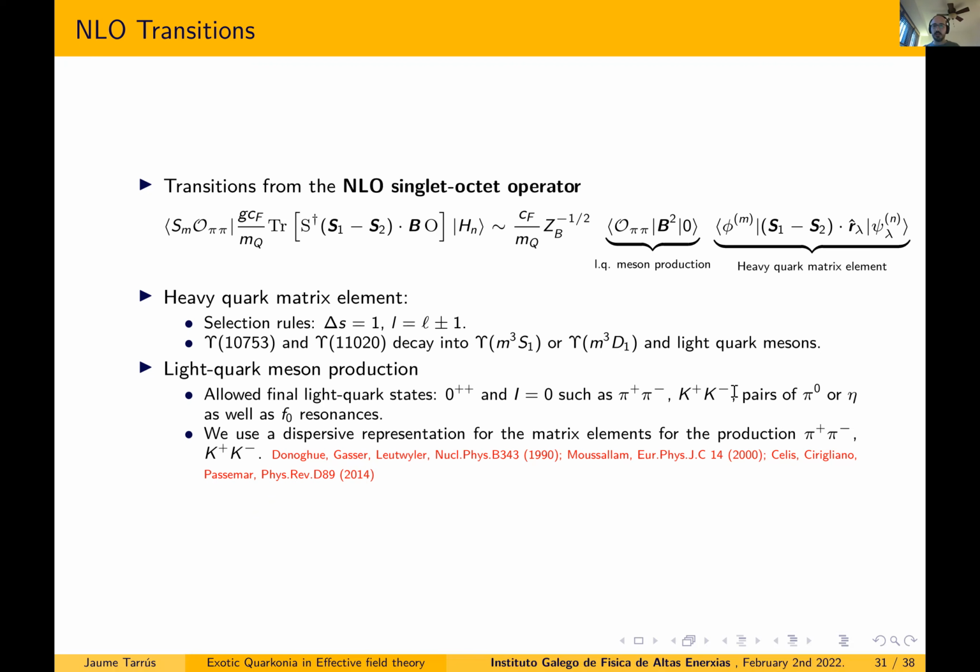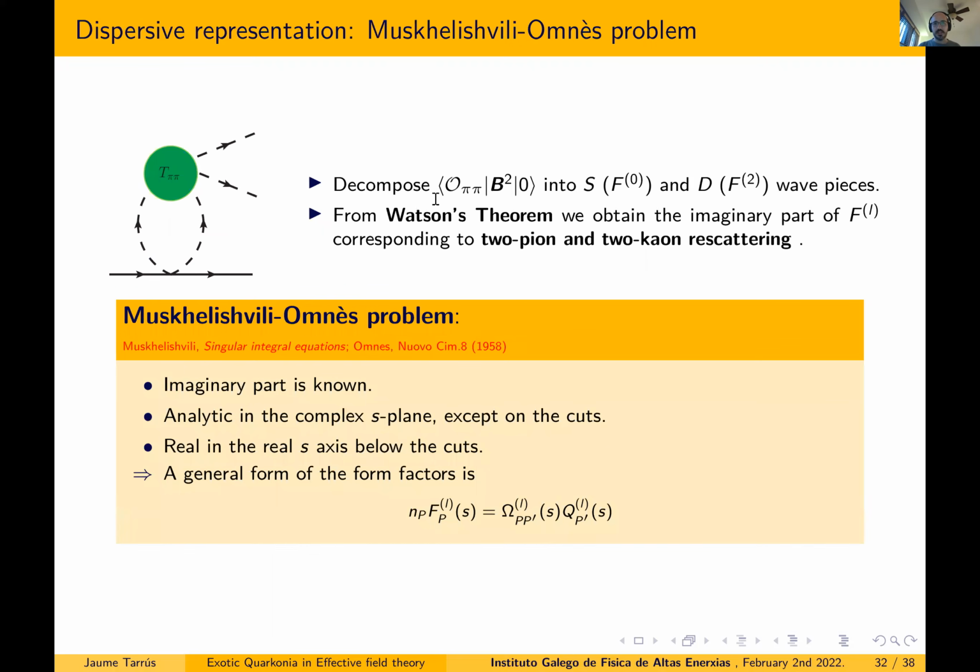Here we computed the first two cases, in which this matrix element can be determined from a dispersive representation. The idea is that one takes this matrix element and decomposes it into an S and a D wave piece. For each piece, one defines a form factor, and the form factor can then be reconstructed from the imaginary part.